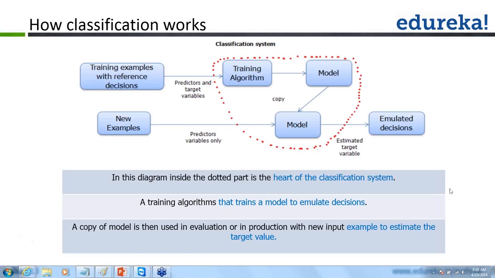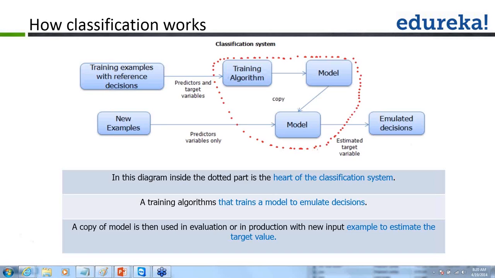In this diagram, the red dotted part is the main component: your training algorithm, your model, and the model copy to the real production system. The arrow from model to model is two-way. Again and again these emulated decisions go back to the training examples with reference decision, and then the training algorithm generates a model again.